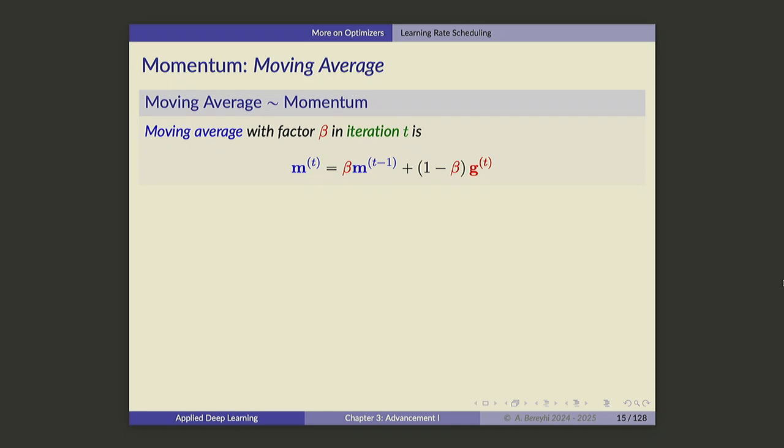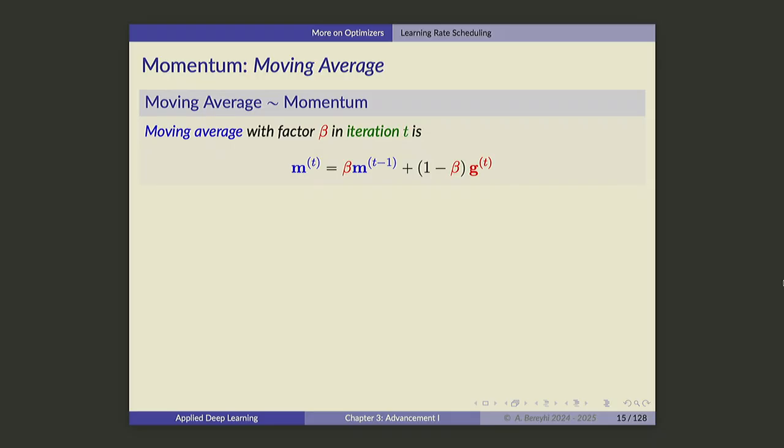Now, what about M3, if I want to compute M3? Can you tell me? It's going to be beta M2 plus 1 minus beta G3, right? Everybody's clear? So what's going to happen if I take this one and put it there? It's going to be beta times (gamma 1 G1 plus gamma 2 G2) plus 1 minus beta G3.